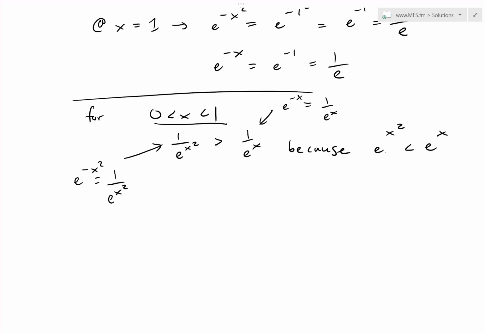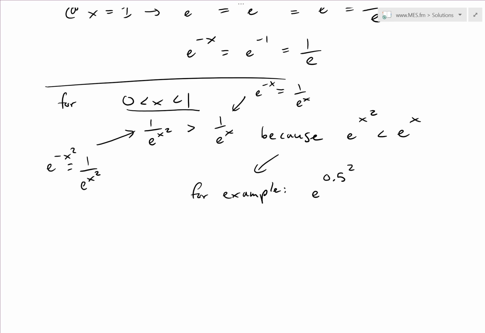For example, to illustrate this even further, if we had e to the power of 0.5 squared, where x is between 0 and 1, this 0.5 squared is equal to 0.25.